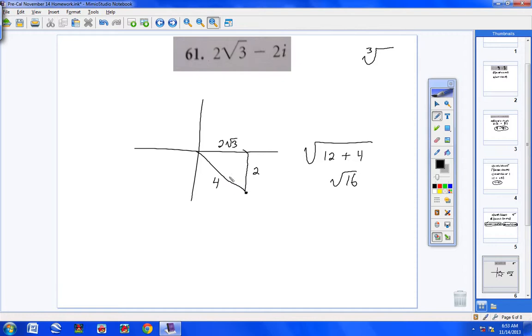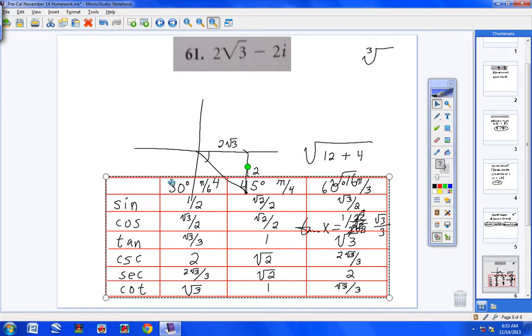There's my hypotenuse. Now let's find this angle. The tangent of some angle is opposite over adjacent. 2 over 2 square root of 3. Your 2's cancel, leaving you with a 1 up top. And we know that 1 over square root of 3 is square root of 3 over 3. So now I've got to find that missing angle right there.